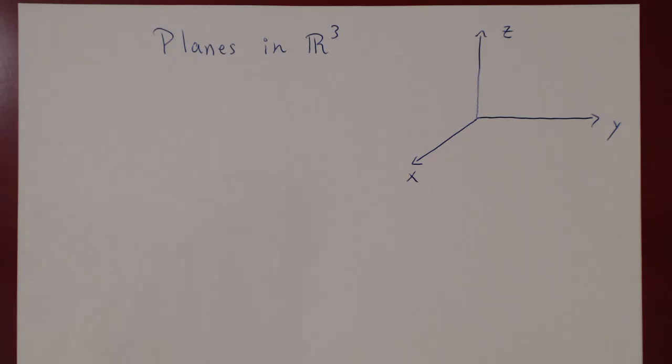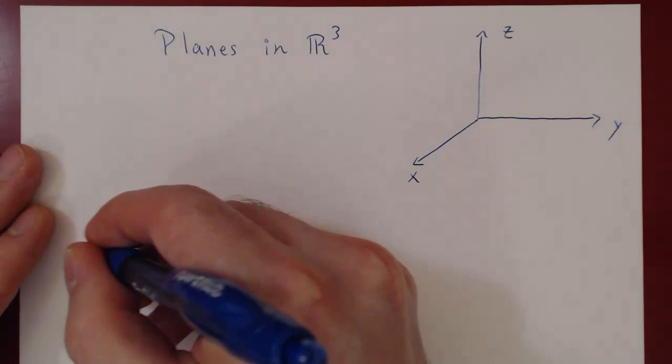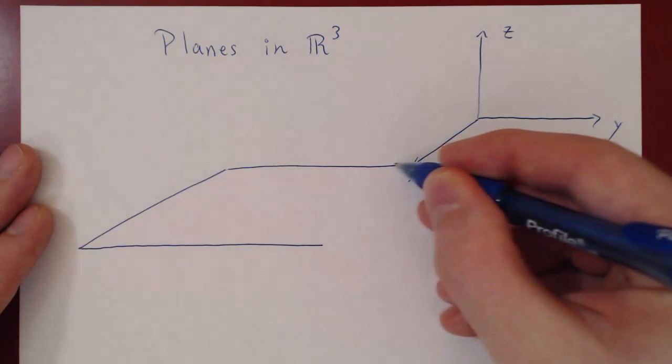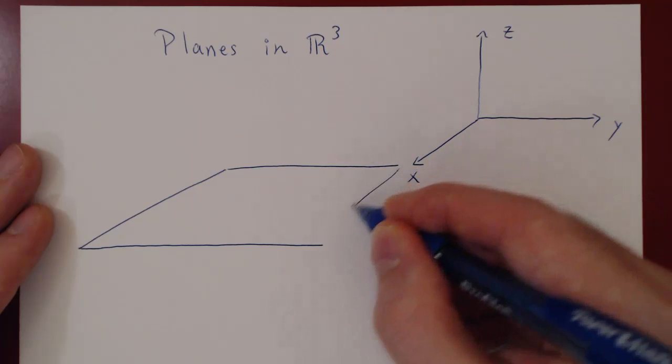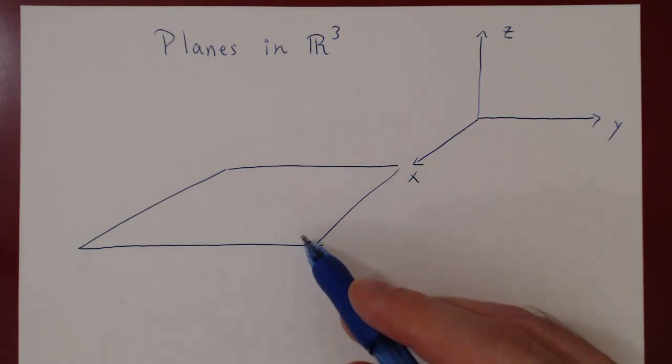And if you think of the four edges of the piece of paper as extending to infinity, you have this infinite flat surface, and that's what a plane is. But of course we can't draw the whole thing because it extends to infinity, so we usually draw a plane as a parallelogram. So normally we'll draw a generic plane as something like this, with the understanding that this flat surface has no end.